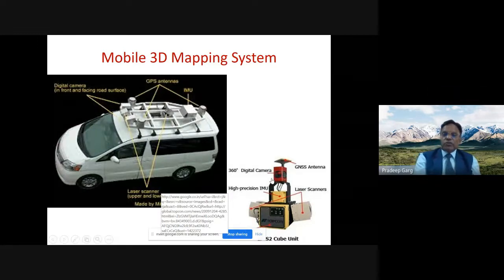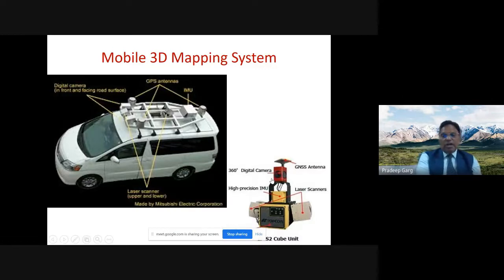So if I have to take your image, I'll point my camera towards you and take the image. But if I have to take images of the back of me, or on the left side or the right side of me, again I have to move my camera in that direction. But with the help of the 360-degree camera, from one single point, I can take images all around me.